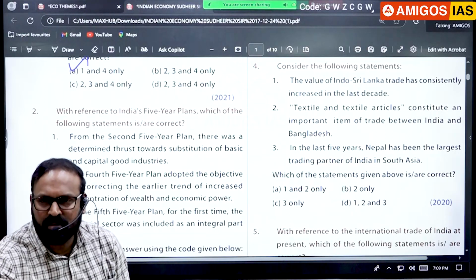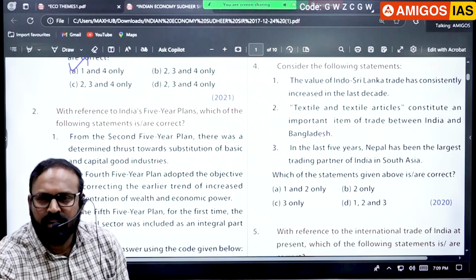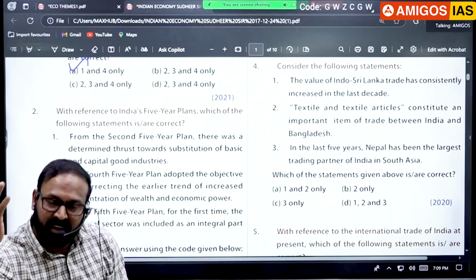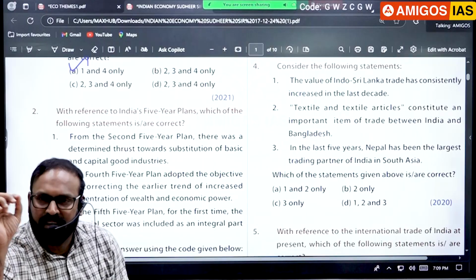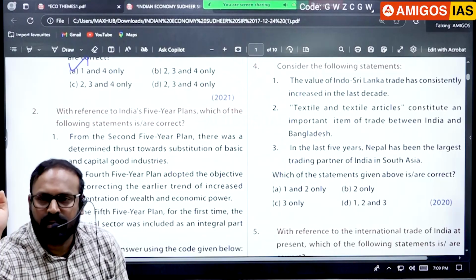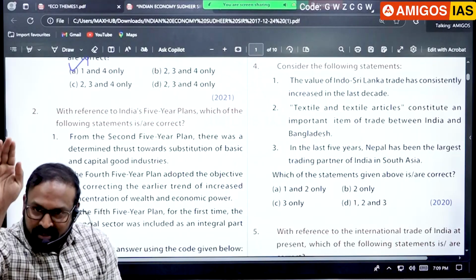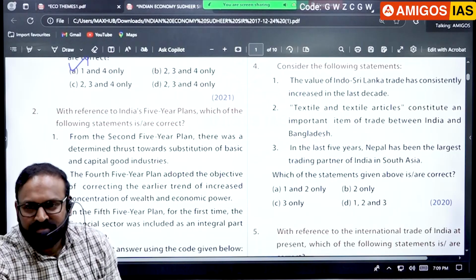Generally, when we discuss the current account, what do we say? India has a current account deficit. And he proudly said that in the last 1 year, we have achieved a little surplus in the current account. How do you achieve a current account surplus? The first statement has to be true, right?